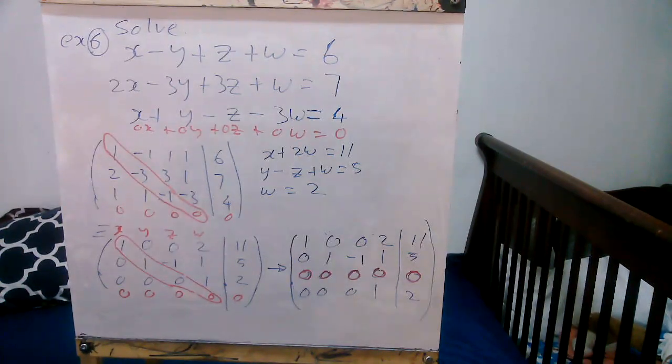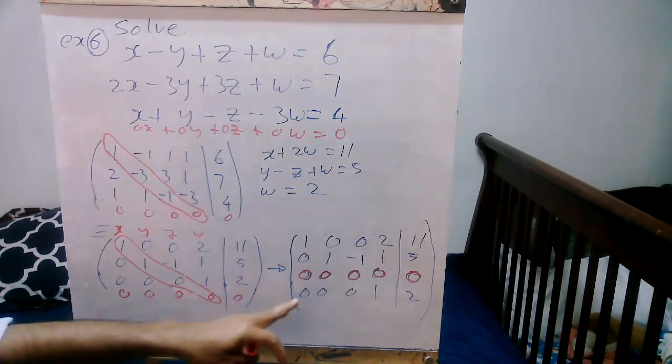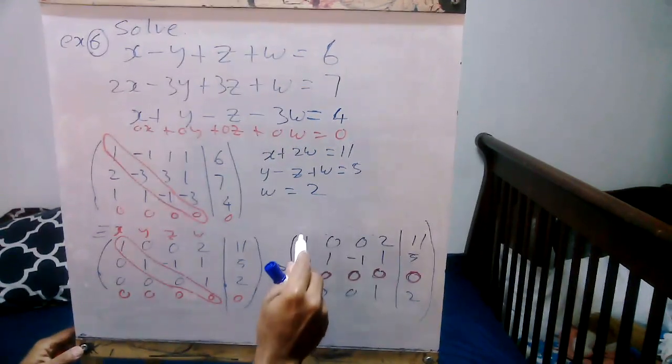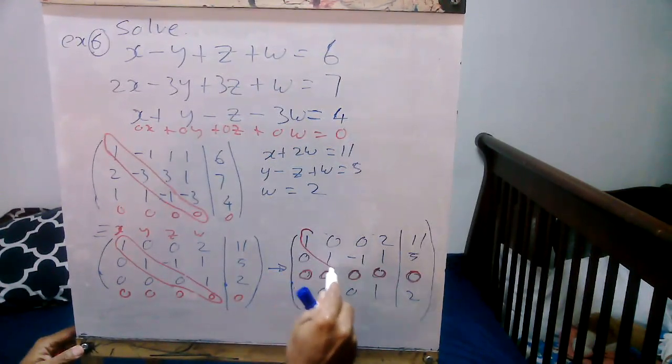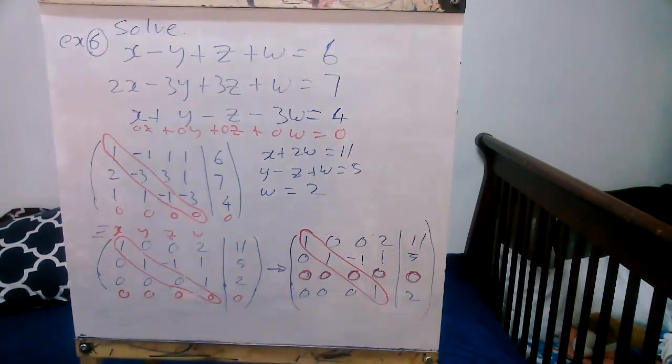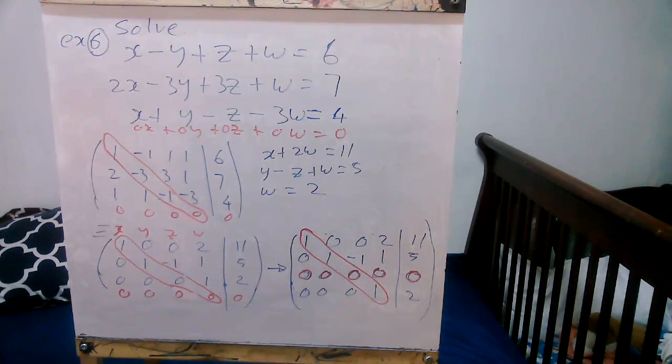So looking at this, now you see clearly what's missing is z, right? Therefore we have to assign a constant for z, not for w.